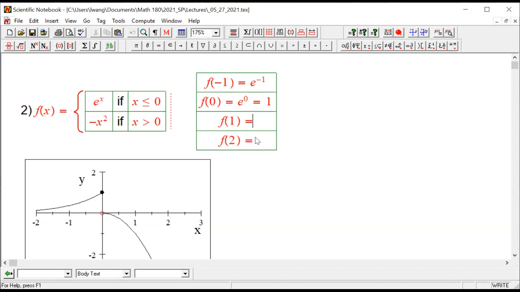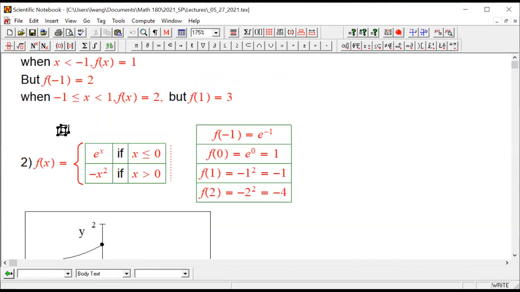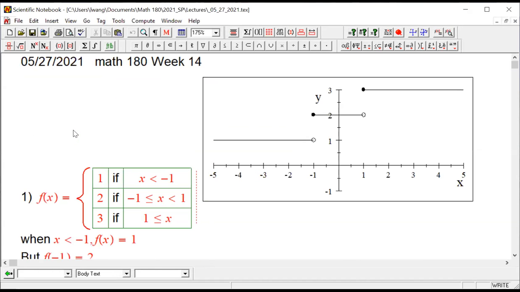There you go, very good. It's -1 squared. The answer is right. How about the second one? f of 2. -2 squared. -4. Perfect. You got it. So this is number 2, and that's number 1.